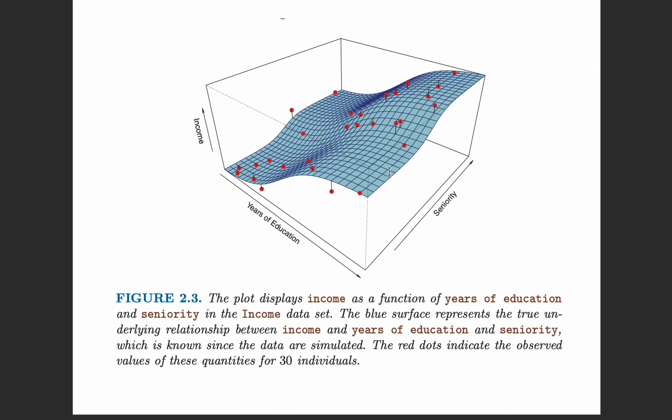But epsilon is never 0. For example, the reason that this is a little bit above this is maybe this individual had some other qualities that put her or him above the typical individual with this many years of education and this seniority, and that's why they get a bigger income. And you could argue the opposite of this, and that's all what we call the irreducible error.